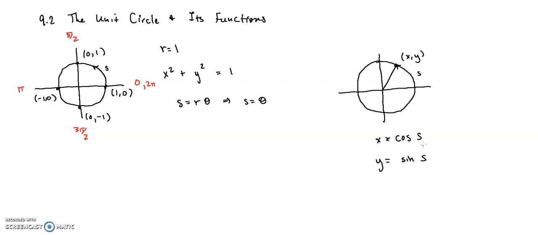But we're talking about arc length. And these points are going to be cosine s, sine s. So the first value in your point is going to be your cosine value. The second value in your point is going to be your sine value. Okay, so that's our definition.